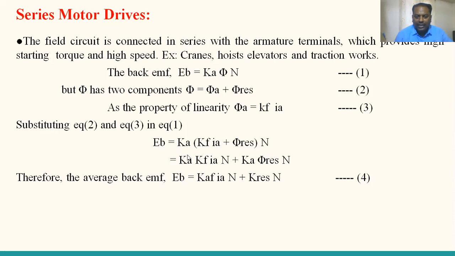While solving problems, this value is directly given in the problem, so it is simplified as KAF. As usual, IA and N, plus Ka phi RES, where phi RES is the residual flux, whose constant is given as KRES, into N. This is equation number 4. So the final back EMF equation of the series motor is KAF IA N plus KRES N.